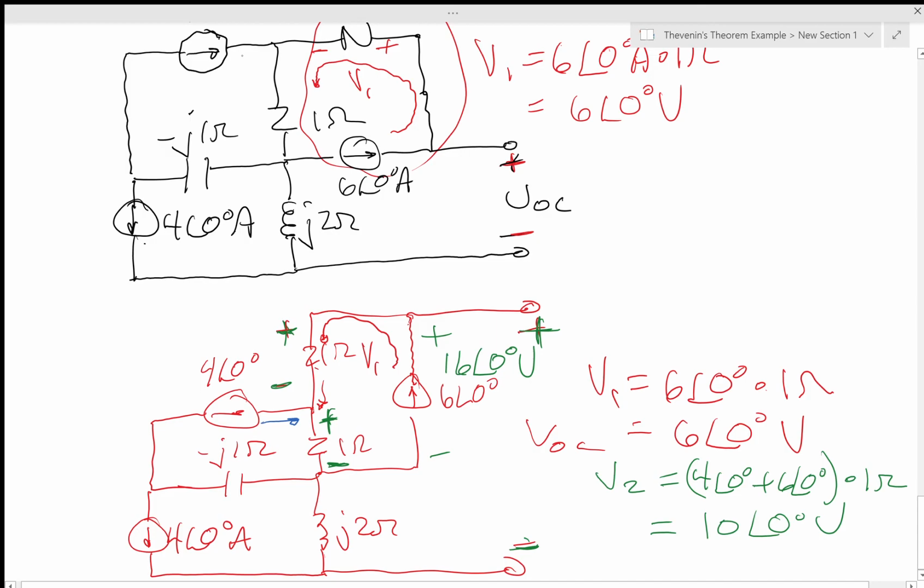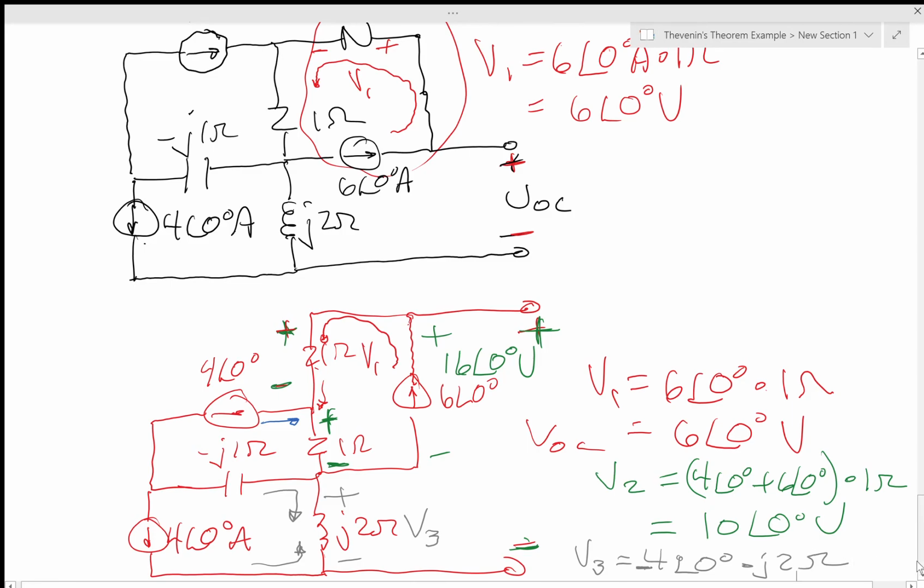So now then what I need to do, I need to find this voltage. Well, the only thing going in this direction is this 4 amp source right there, but since I need Ohm's law to work, I need that. And so that's going to be V3. V3 equals 4 angle 0 degrees. Don't forget the minus sign because current's going in the opposite direction, times J2 ohms.